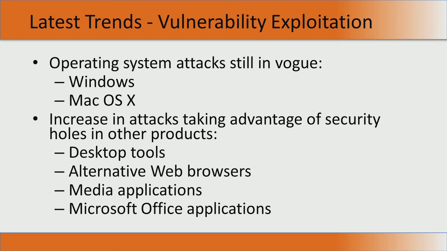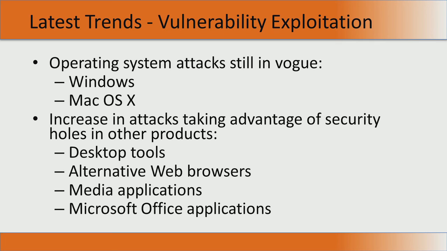And how does the attack come in? The attack comes in through different desktop tools which are not connected with the operating system, which people download. The attacks also come through alternative web browsers. The attack also comes through media applications and Microsoft Office applications, for example.